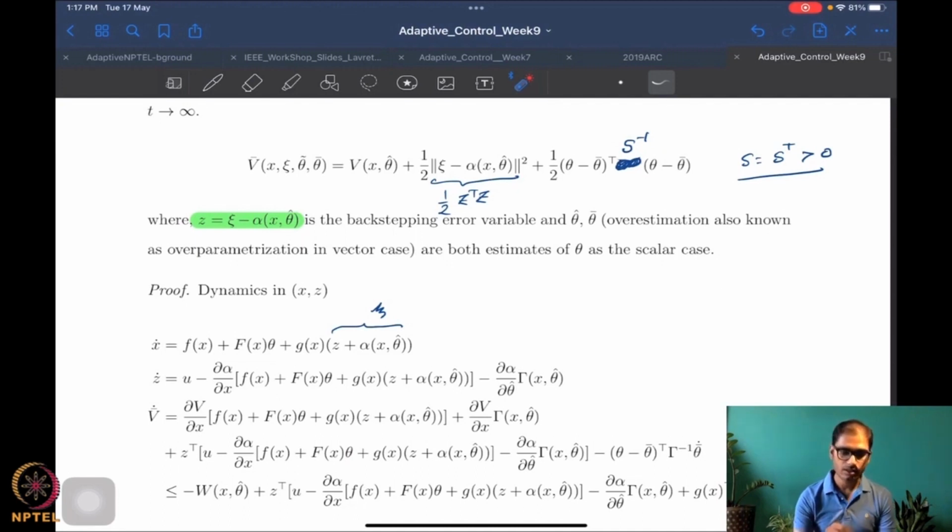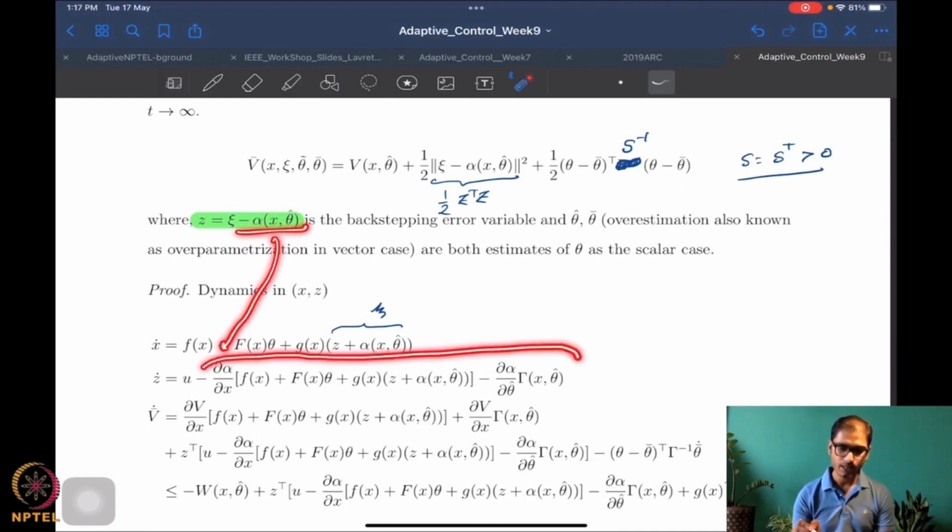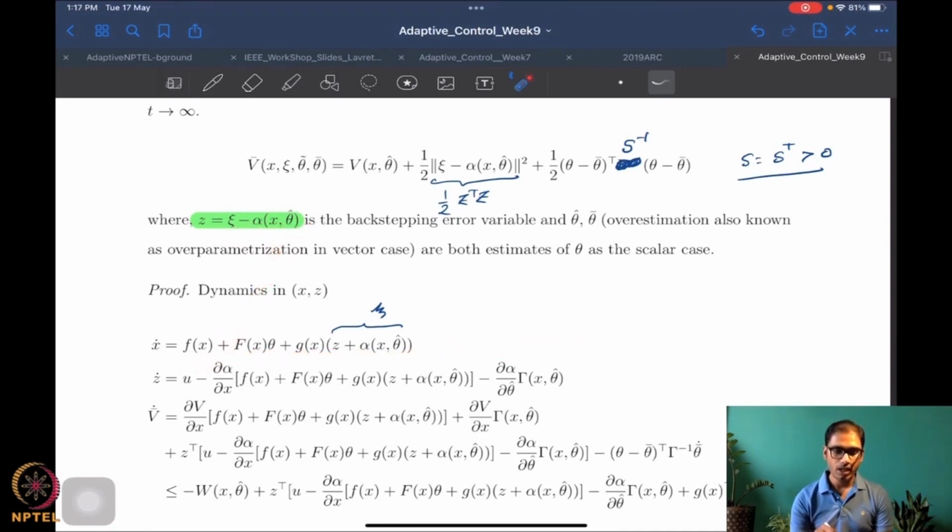And what is z dot? z dot is just the derivative of this, which is psi dot, which is u, and then minus alpha dot. So all of this is minus alpha dot. Alpha is a function of two variables, x and theta hat.